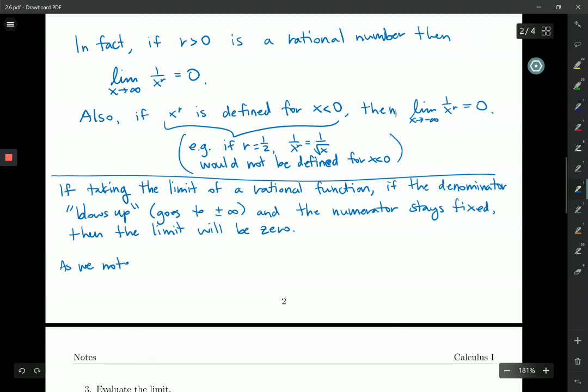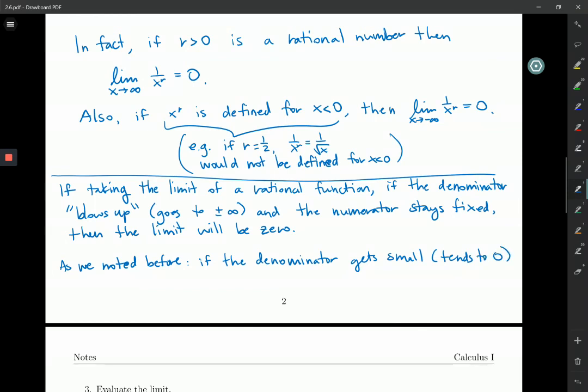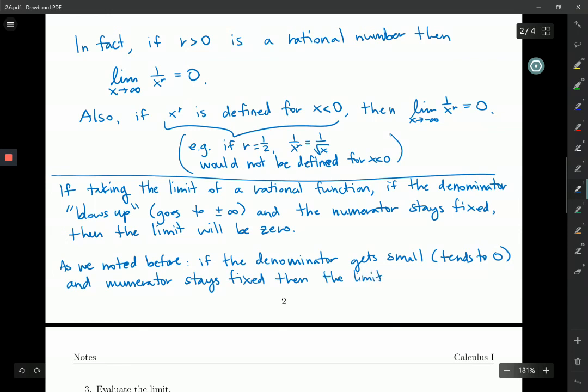As we noted before, if the denominator gets small, tends to 0, and the numerator stays fixed, then the limit will be plus or minus infinity, right? So this is what we talked about before.